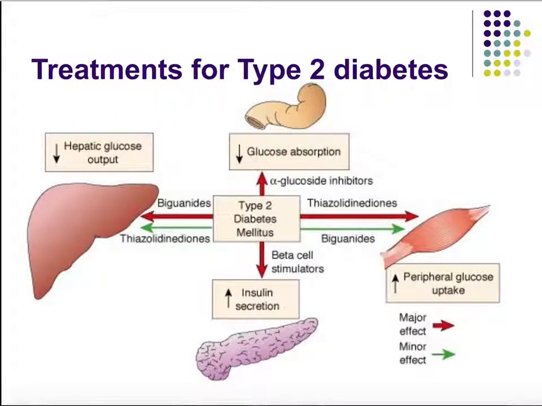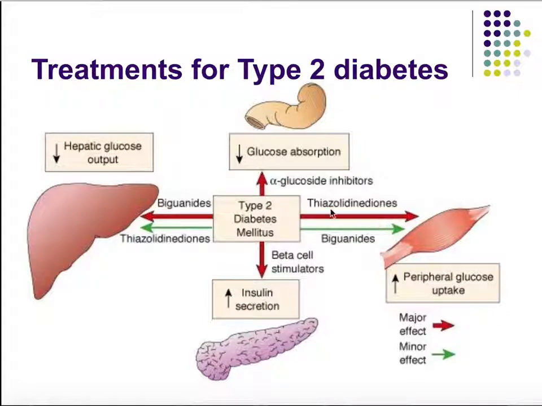So how can we help treat this? So we'll pretty much try to combat each of these. So to decrease the hepatic output of glucose, we can give biguanides. Now, if you look over here, we have a major and a minor effect. Focus on the major effect. So the major effect of biguanides is to decrease hepatic output of glucose.